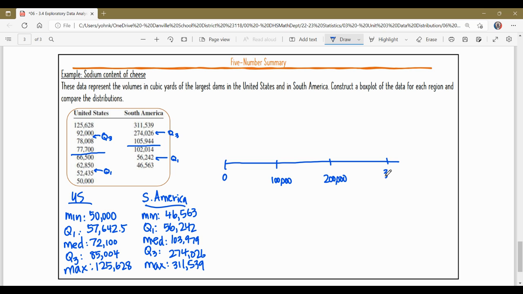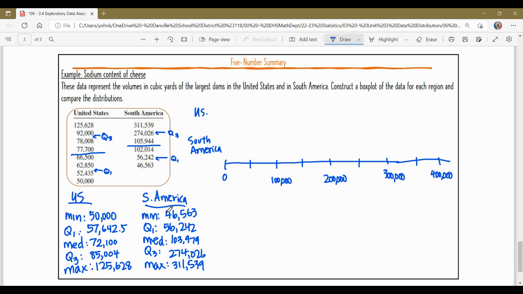And here it can be 300,000. If need be, we can extend this and make over here be 400,000. I'm going to put my marks back in. Okay. So let's see, let's do US on the top and we'll do South America on the bottom.